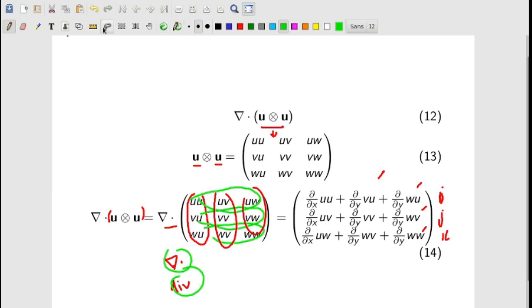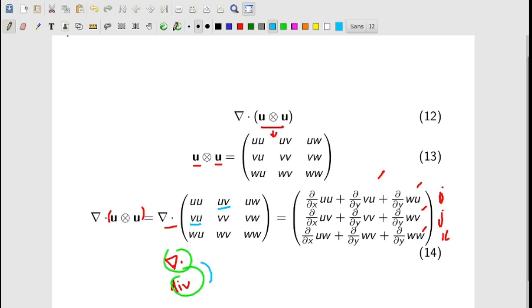But what happens here is that actually this tensor is symmetric. And because this tensor is symmetric, the 2 notations will give the same result in the end. What we mean by this tensor being symmetric, we mean that VU equals UV.